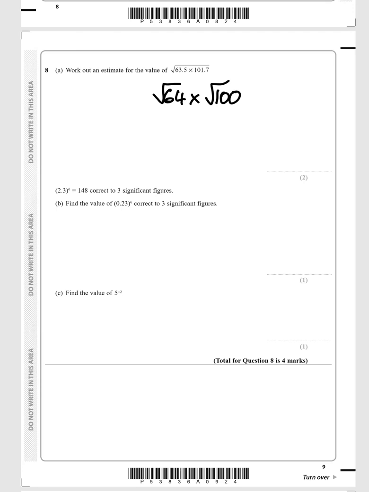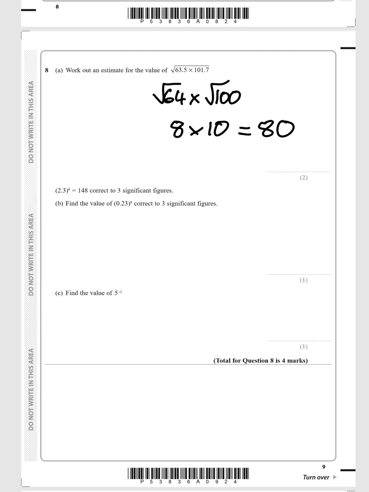That becomes a lot easier because square root of 64 is 8, square root of 100 is 10, so actually 8 times 10 is 80. I think that is probably the most straightforward way of doing that.